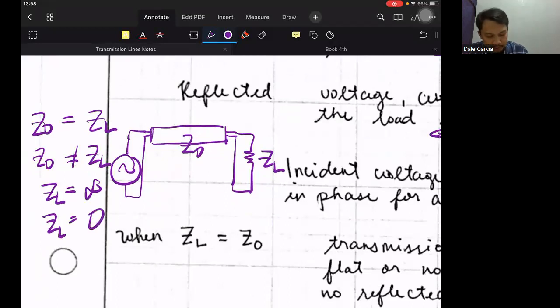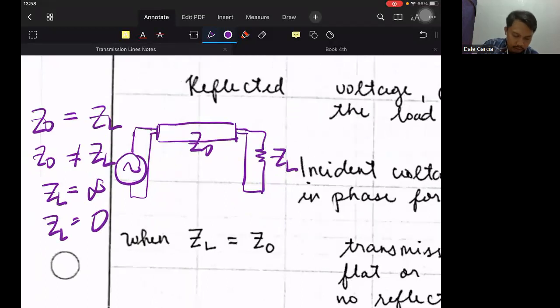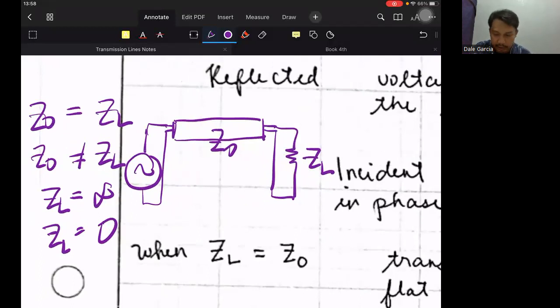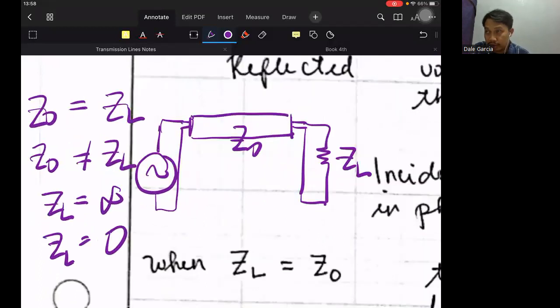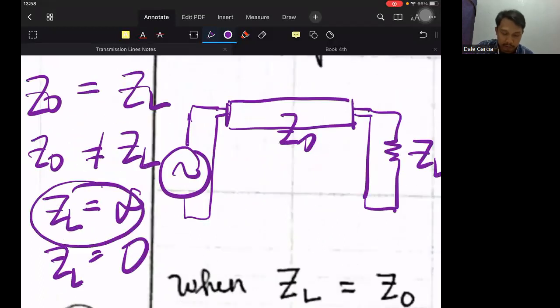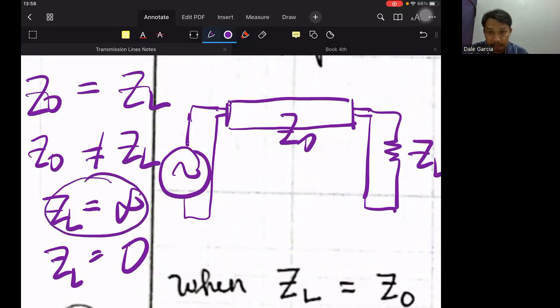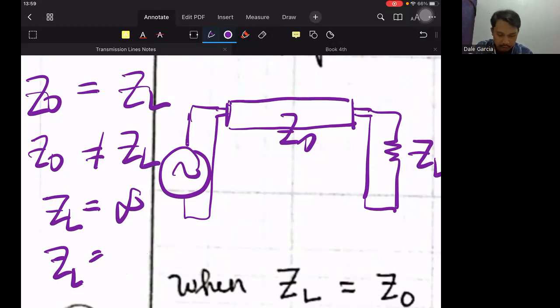When ZL is 0, the load is short-circuited. If it's open, the resistance is infinity, an open line. And this is when the load is short.